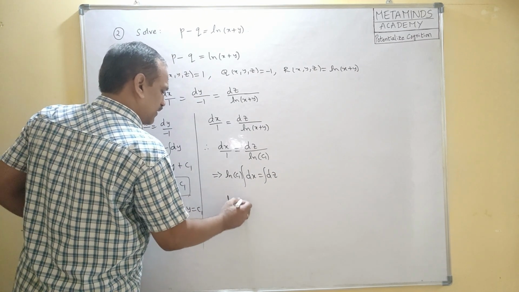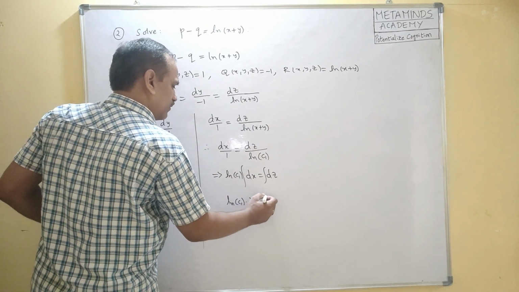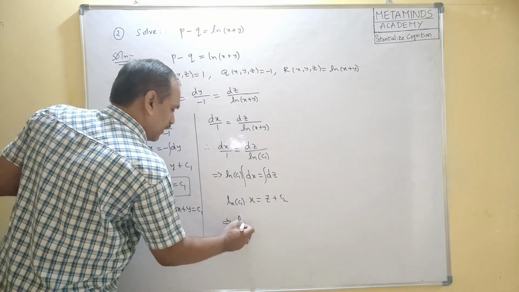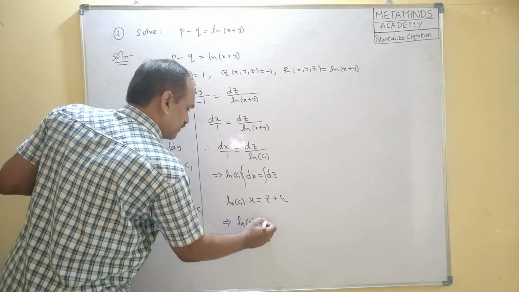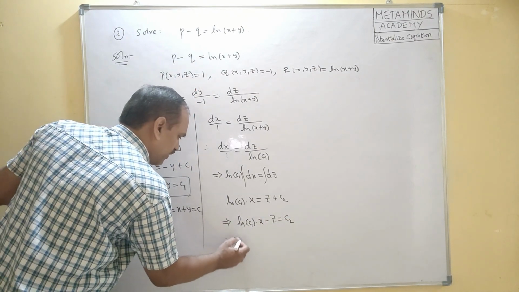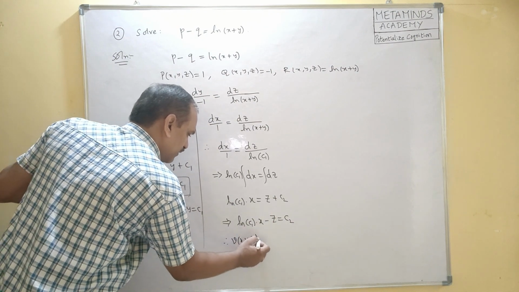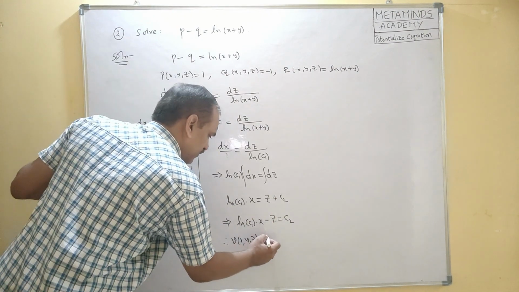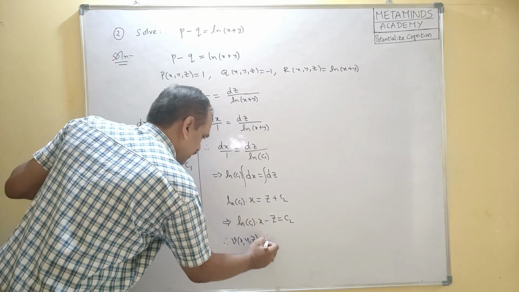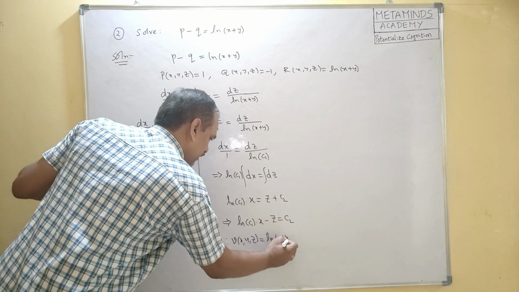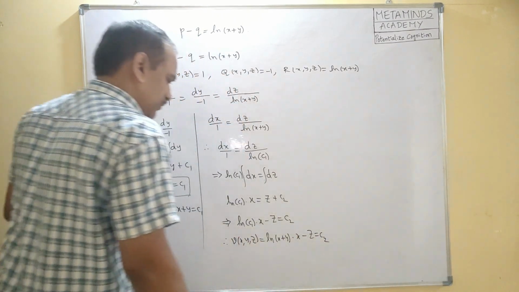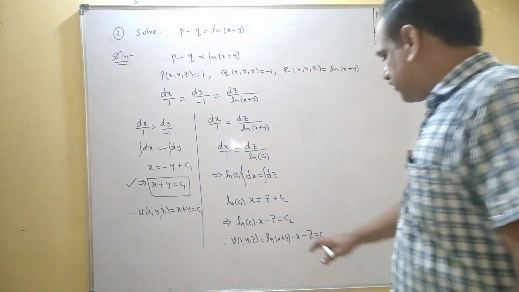Ln c1 is a constant, so ln c1 · x = z + c2, which is ln c1 · x − z = c2. Therefore, what is v of x, y, z? The second linearly independent function: what is c1? You have to substitute it back. So it is ln(x + y) · x − z = c2. So that is v of x, y, z.